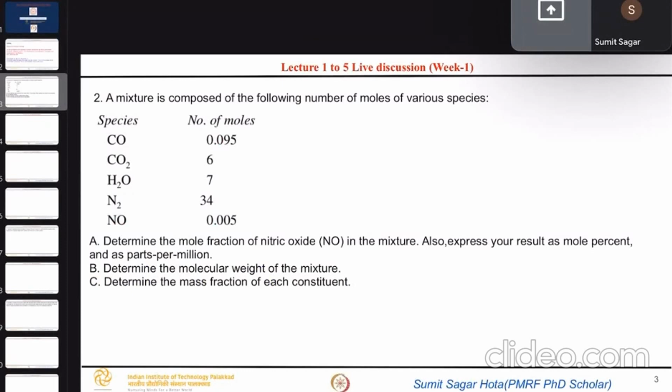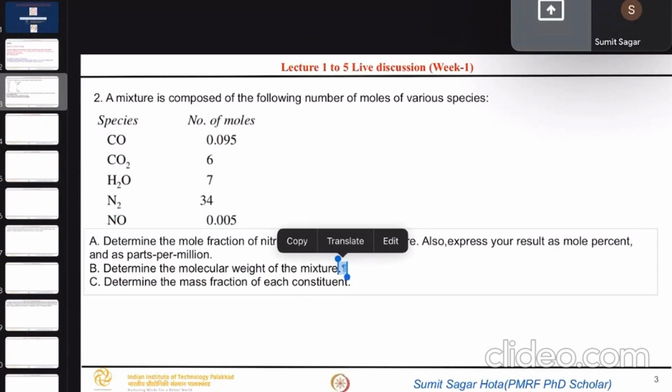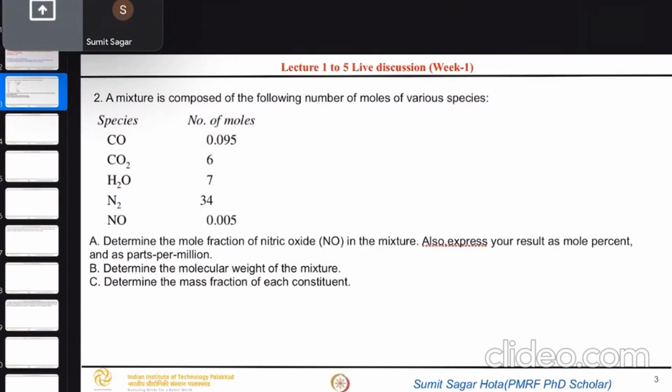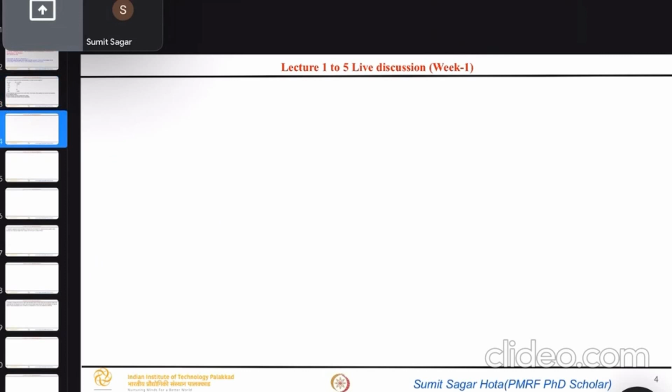All the problems are mostly from chapter 2. I already prepared the questions, and now I have to solve all those problems so that it will be very helpful for you for this section.